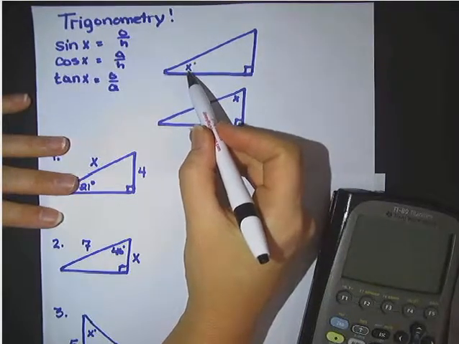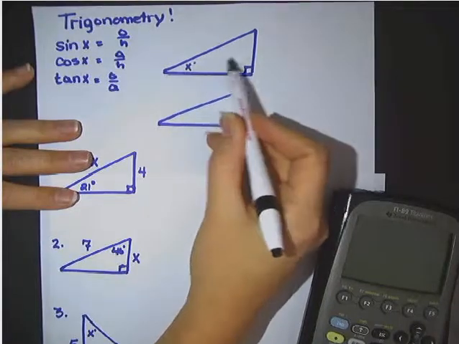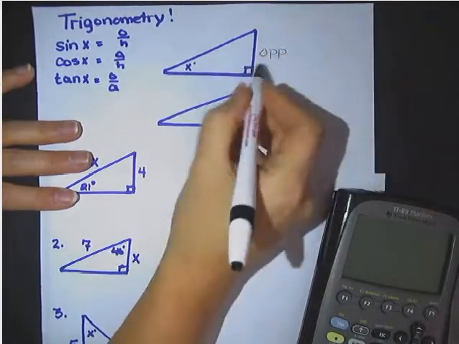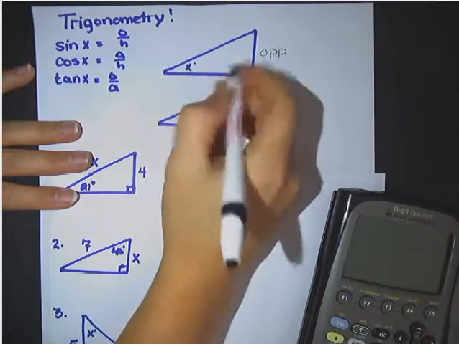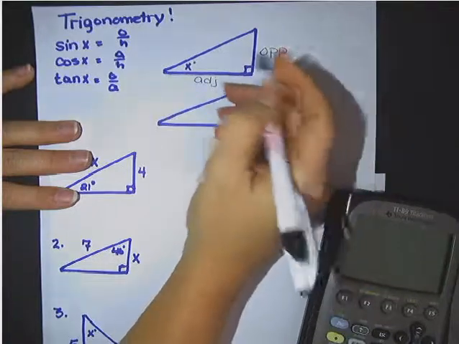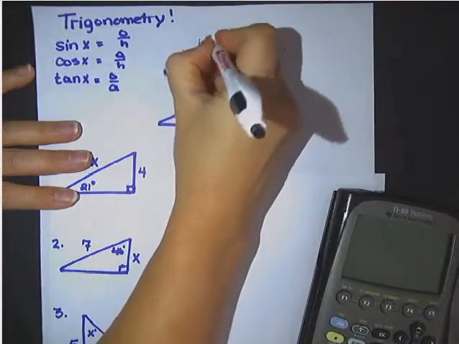So always locate the angle first. Here our angle is x degrees, so our opposite side would of course be over here. Our adjacent side is next to the angle x, and our hypotenuse, of course, is always across the right angle.